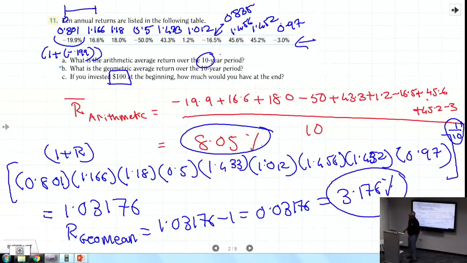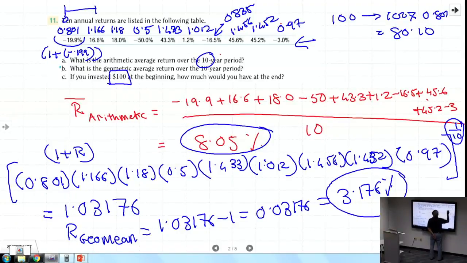So you take $100, so $100 at the end of year 1 would be 100 times 0.801. So that would be $80.10.